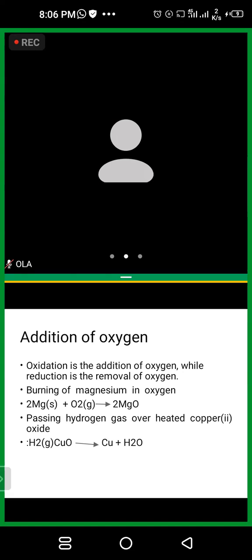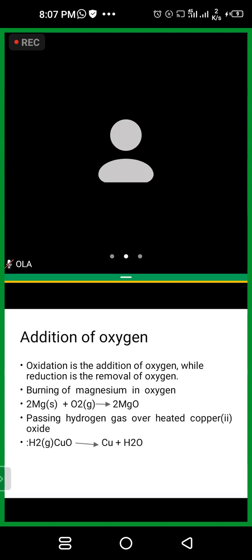When we burn magnesium in the presence of oxygen, which is a form of combustion reaction, 2 molecules of magnesium react with oxygen, O2. Because of this reaction, oxygen now binds to magnesium. When this happens, it is oxidation. Why? Magnesium is being oxidized. Oxygen is added to magnesium.